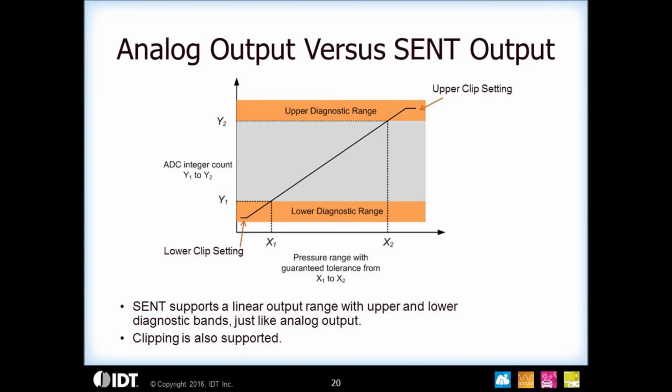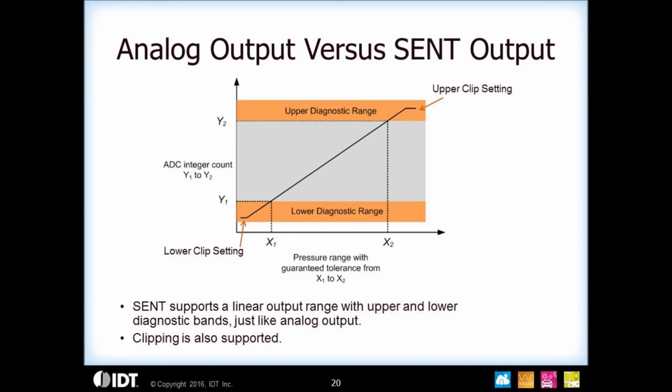Another interesting thing about SENT compared to analog out is it has the same features you're used to seeing in an analog output in an automotive application, where you can set a lower and upper diagnostics range. You can set clipping limits to have the output clip at the low end and the high end. And you can also set the linear range. And you can record in the part your X1, X2 values for linear range.